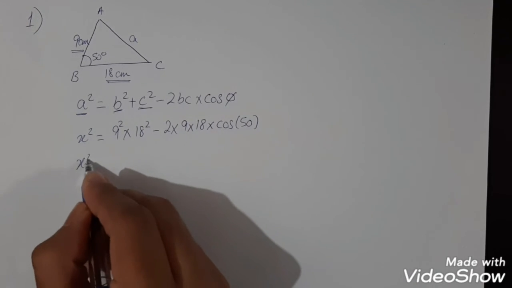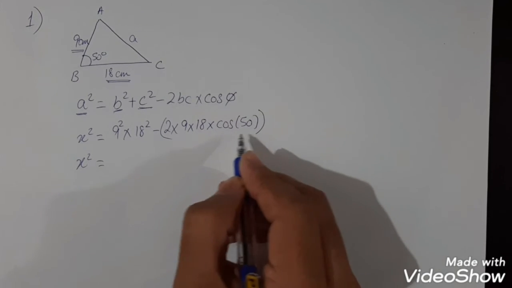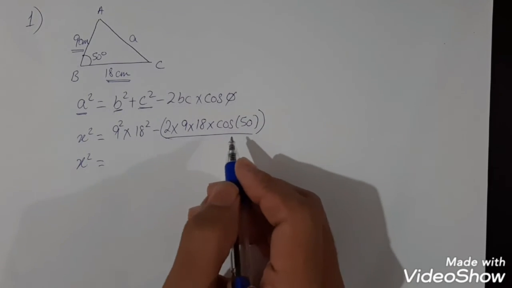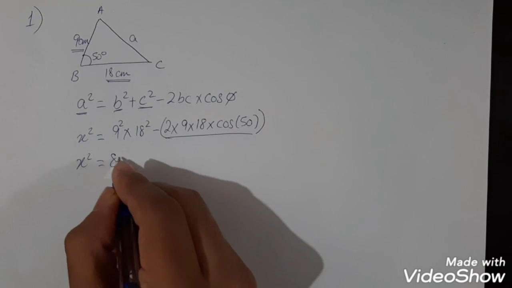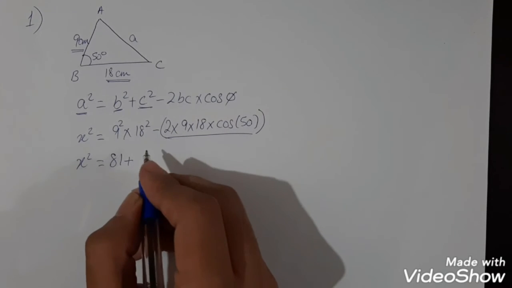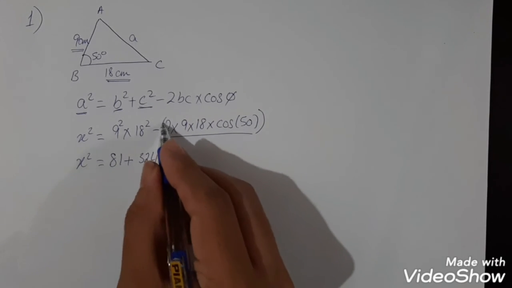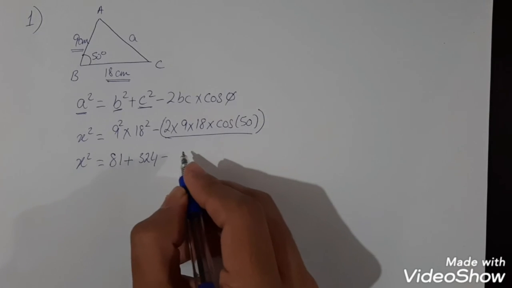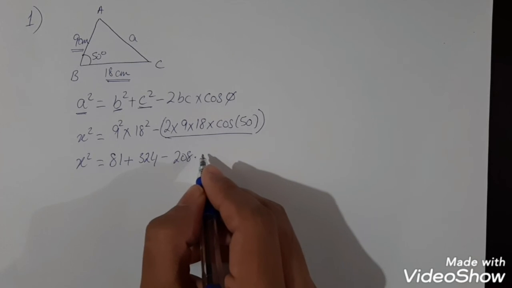So x square is equal to, first we calculate this whole section: 9 square is 81 plus 18 square is 324 minus this section, which will be 208.2631.